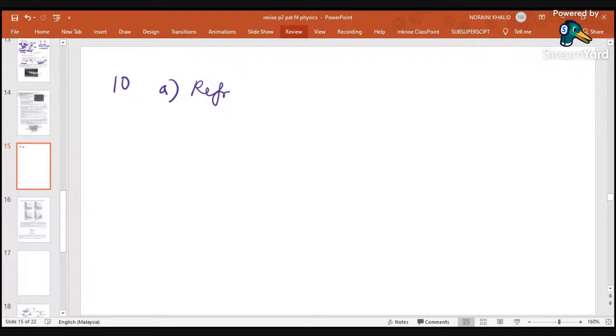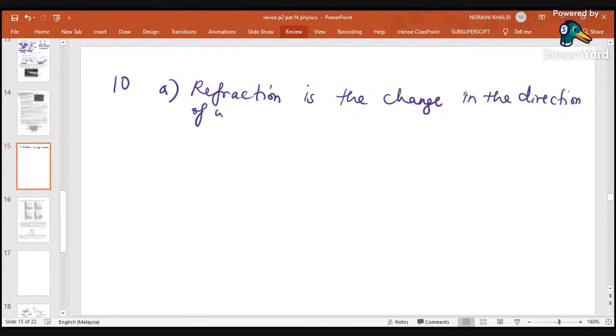Okay, so refraction is the change in the direction of wave due to change in speed.